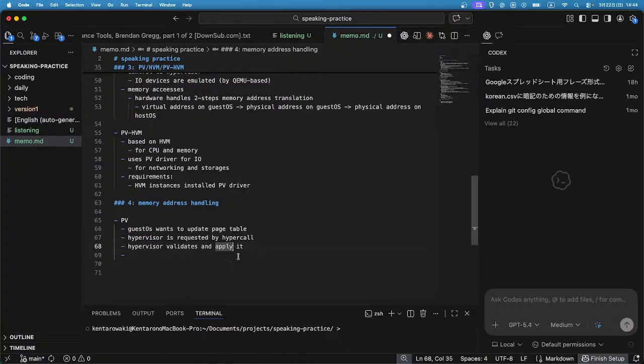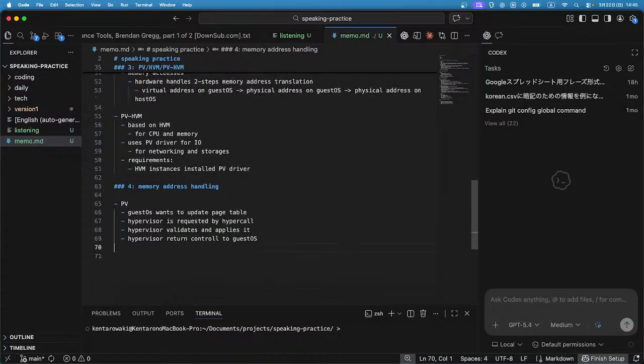Hypervisor returns control to the guest OS. And apparently this is slow.